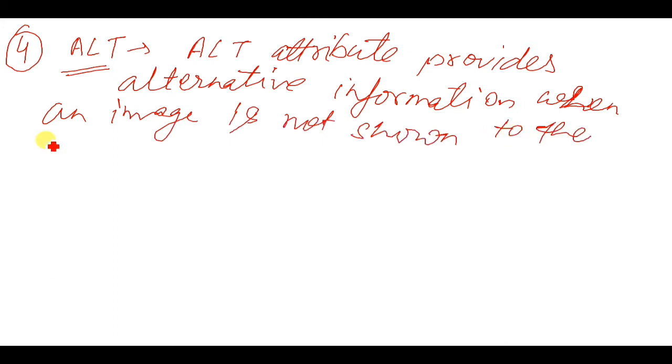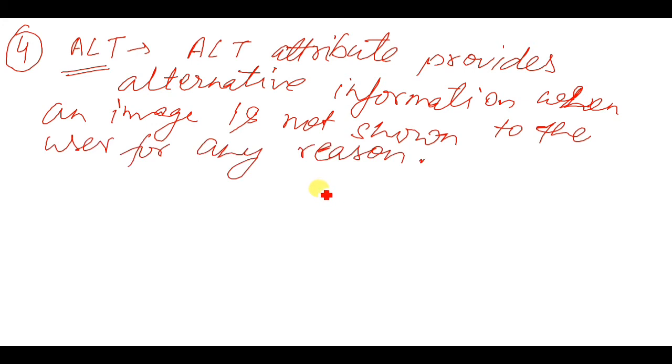Student, as you know, we can associate a hyperlink with an image also, or text also. So when the image is not shown, what will display? The text written in the ALT attribute. So the ALT attribute provides alternative information when an image is not shown to the user for any reason. For bad network, bad connectivity, if the image is not shown, then the text will be shown.